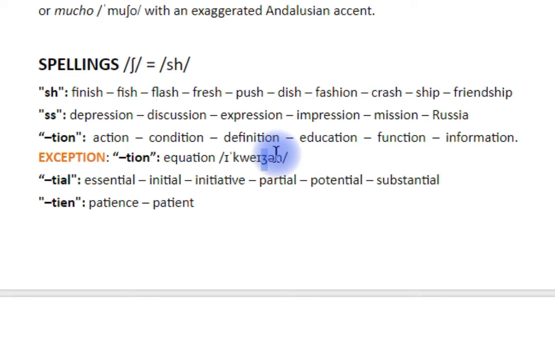So we use the vocal cords for the sound, but it is an exception. The TIAL sound: essential, initial. All of these are like a schwa, so you're going to find a schwa for this TIAL combination. Initiative, partial, potential, and substantial. Then the TIEN: patience, patient.